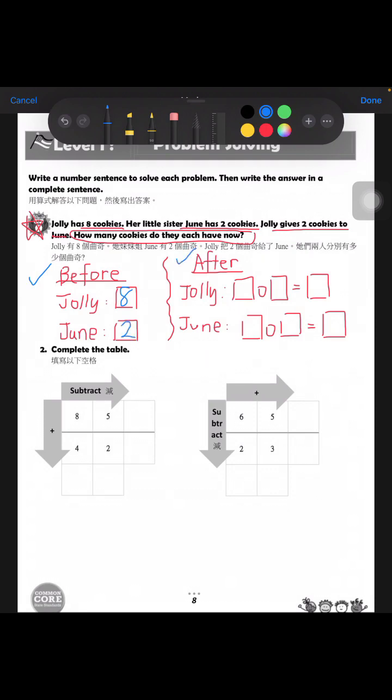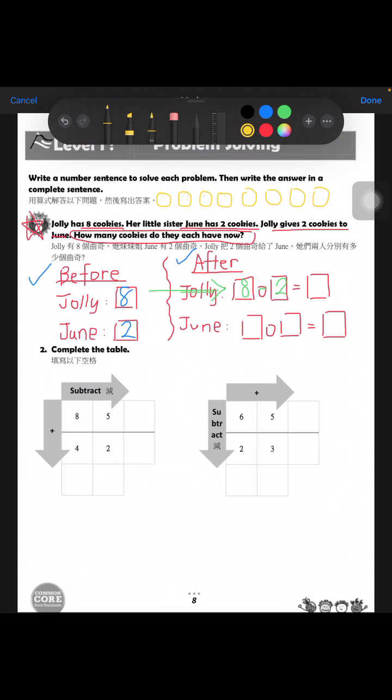Okay, after Julie gives 2 cookies to June, how many cookies does she have now? Julie has 8 cookies at the beginning, and she gives 2 cookies to her sister. We minus 2. So what is 8 minus 2? Okay, we draw 8 cookies. 1, 2, 3, 4, 5, 6, 7, 8.